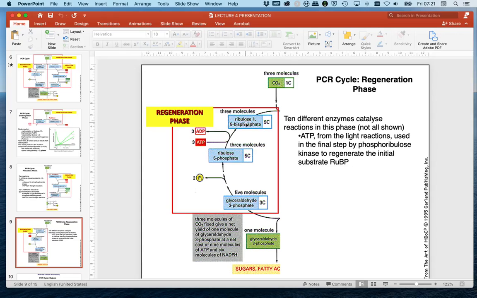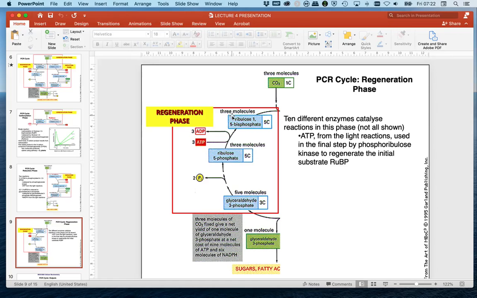And again, ATP from the light reactions is used in this last reaction of the PCR cycle. So here we see ribulose 5-phosphate being phosphorylated using the ATP from the light reactions, and this reaction is carried out by phosphoribulose kinase to generate RUBP, ribulose 1,5-bisphosphate.